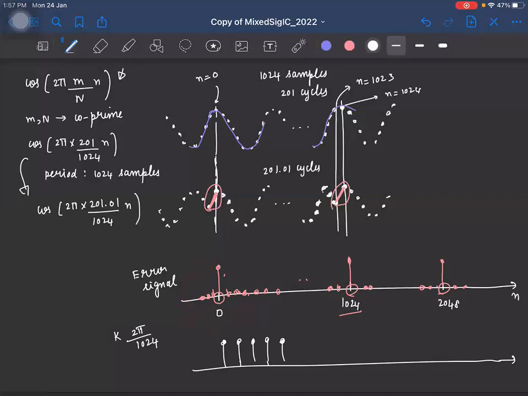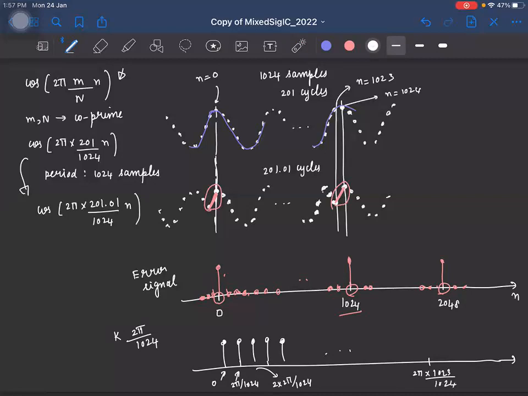These frequencies will be K times 2 pi by 1024. The first will be 0, the second will be 2 pi by 1024, the third will be 2 into 2 pi by 1024, and so on, up to 2 pi into 1023 by 1024.